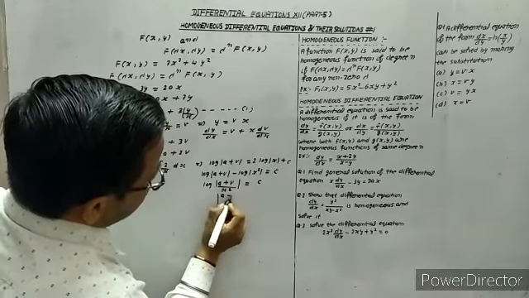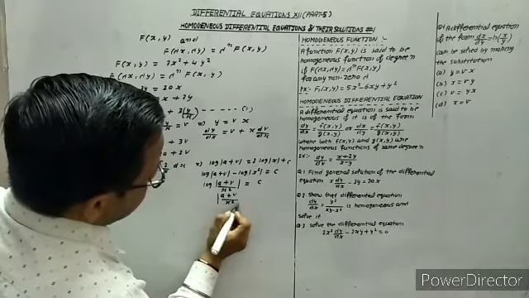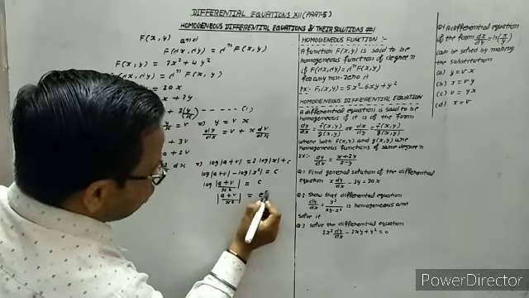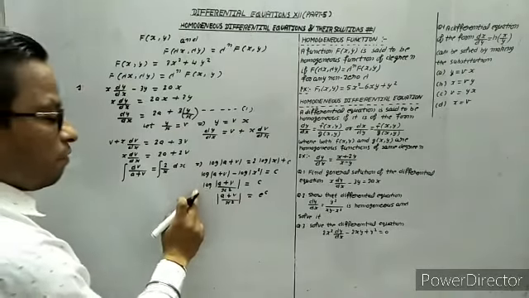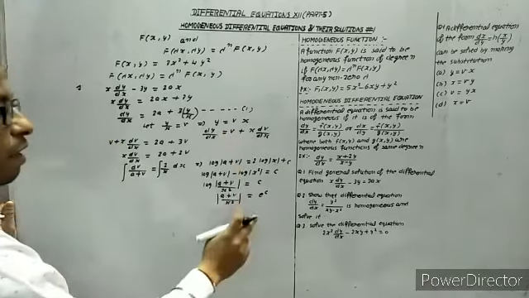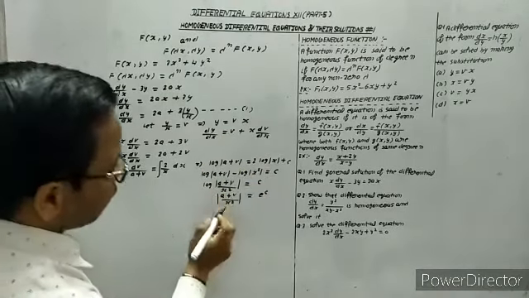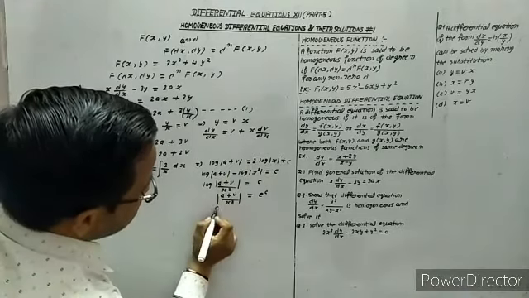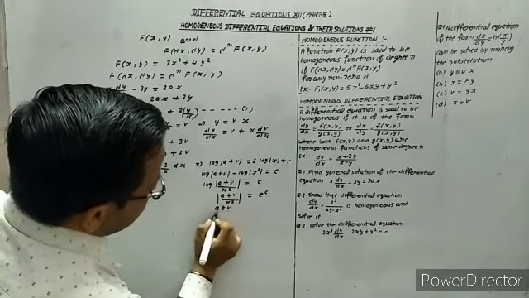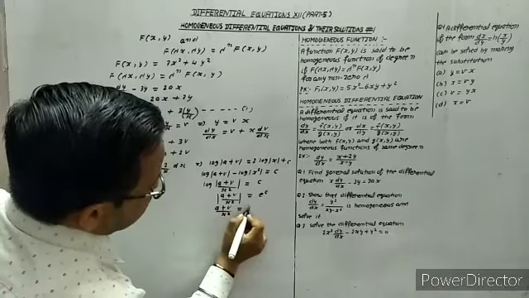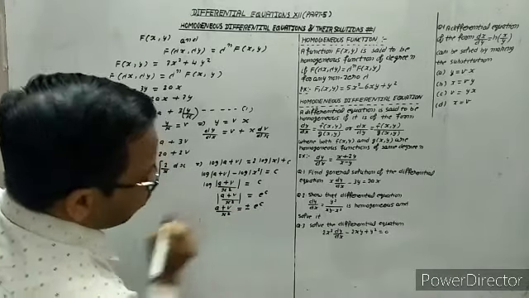It means |a + v|/x² = e^c. We know very well that when the log shifts to the other side, the other term becomes the power of the exponential. Now if we remove the modulus sign, (a + v)/x² = ±e^c.